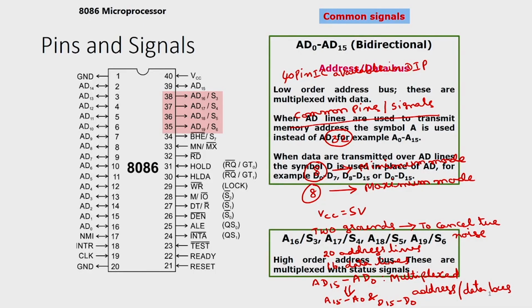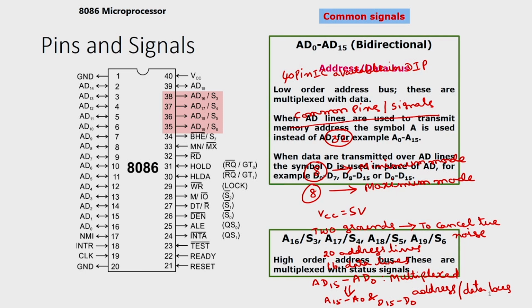So using an external crystal oscillator we generate the clock frequency of the 8086, which is 5 megahertz for the standard 8086, and 8 megahertz and 10 megahertz for the other versions.